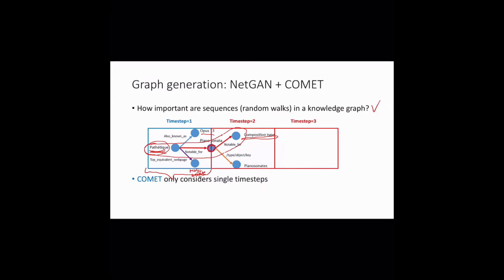So one of these two, or maybe other paths pointing to other nodes. It's reasonable to think that by knowing that we're currently referring to an entity, Pathétique, which is known to be a piano sonata, it'll help us in the decision making in terms of choosing the path to this entity, which is composition type.